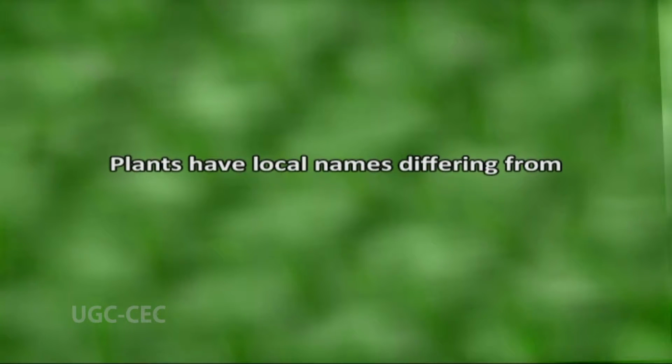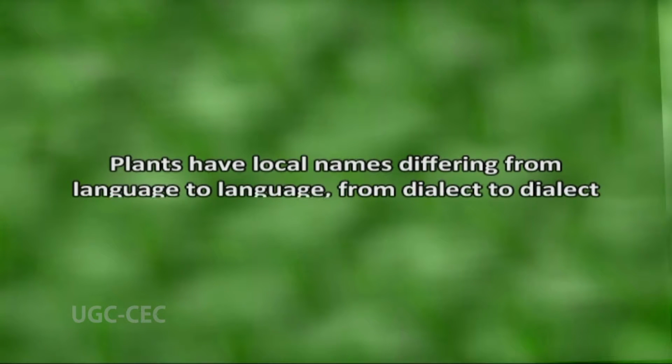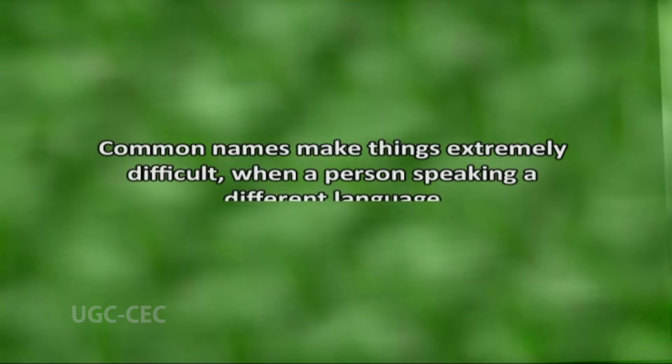In a multilingual country like India, where there are several languages, almost all plants have local names, which differ from language to language and even from dialect to dialect. Thus, a particular plant may have several names in a particular country. This makes things extremely difficult when a person is speaking a different language. Hence, common names have proved to be misleading and inadequate for wider use throughout the country or the whole world.